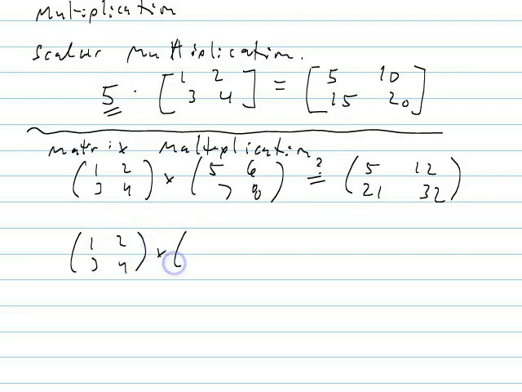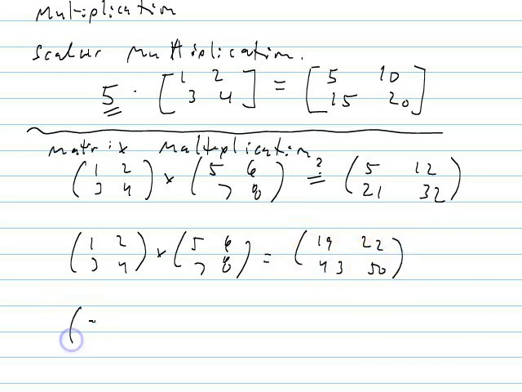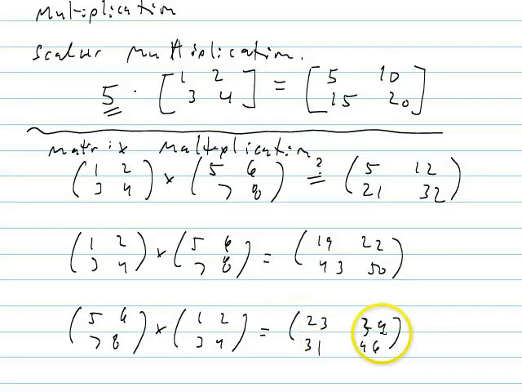So 1, 2, 3, 4 times 5, 6, 7, 8 ends up equaling 19, 22, 43, 50, while 5, 6, 7, 8 times 1, 2, 3, 4 equals something different. It becomes 23, 34, 31, 46. So I'm going to resolve both of those mysteries.